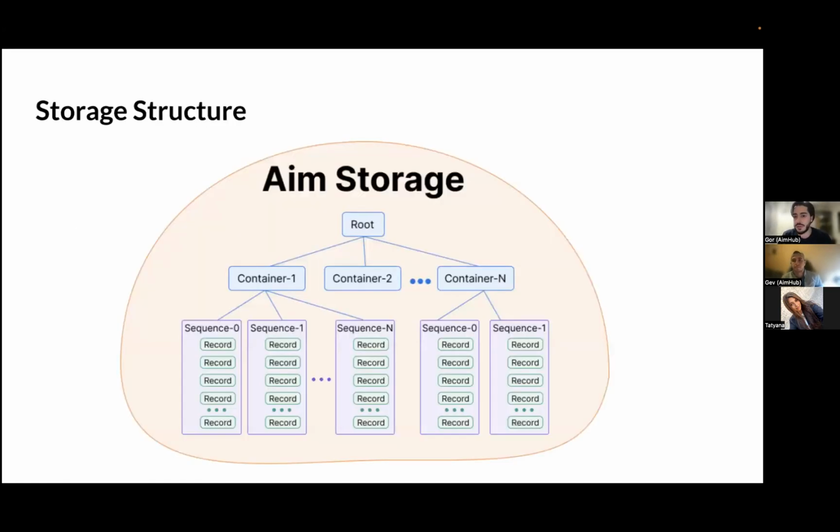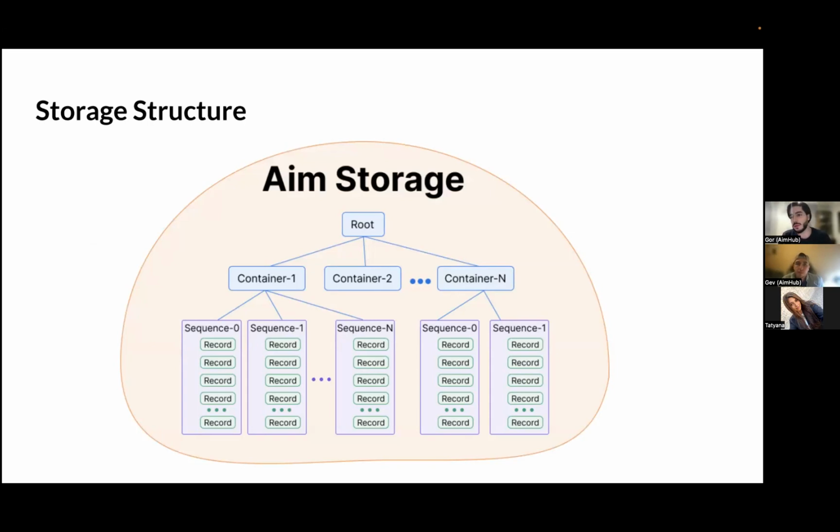So AIM storage is actually based on RocksDB, which is a low-level key-value storage, and AIM storage is composed of a number of RocksDB containers, which store runs metadata.